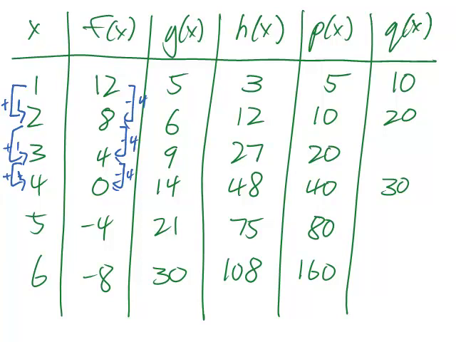With the exponential, instead of going down by a constant rate, we actually go up or down by a constant multiple. So here, every time I add 1, I'm going times 2. I'm doubling my y value. I could triple, right?